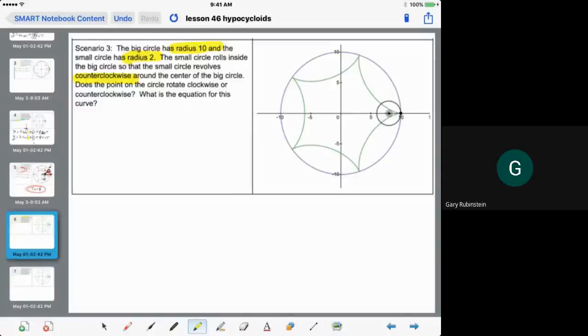Anyone want to speculate what the equation is? You're not told the rate, and you're not told explicitly whether it's rotating clockwise or counterclockwise.